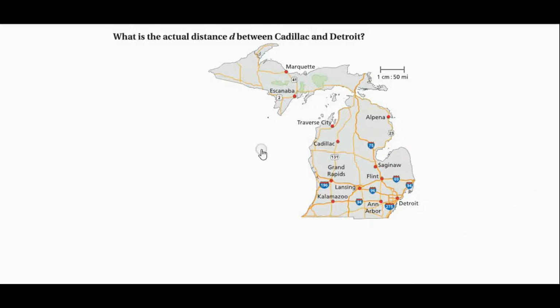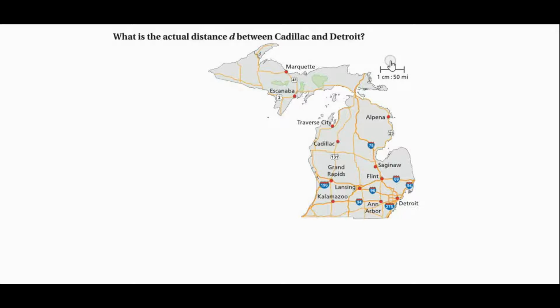My next question is, what is my scale on this map? Every map has a scale. I know you guys use your phones a lot and Google Maps, but if you're looking at a hard copy map, it's going to have a scale on it. It says 1 centimeter to 50 miles. So this is what you're going to use.